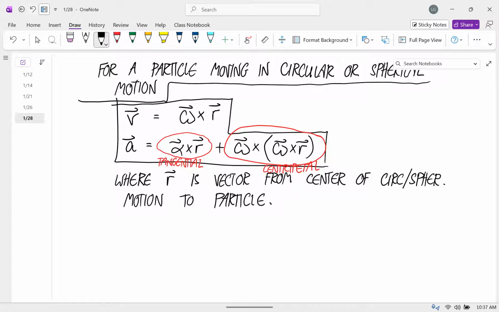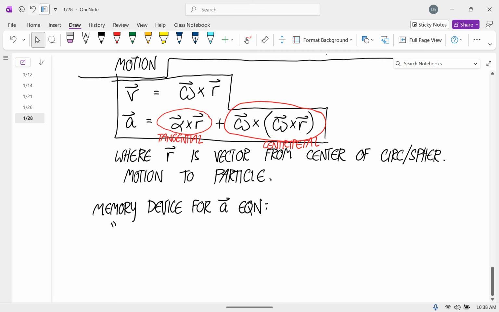This acceleration equation is going to be especially important to us because remember that acceleration is the skyway to Newton's laws. No matter what you want to know about the kinematics or the kinetics, the only way to get from one to the other is through acceleration. And so there's a memory device for this acceleration equation. I made this up. It's trademarked.